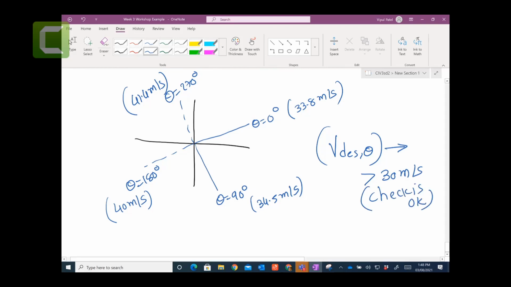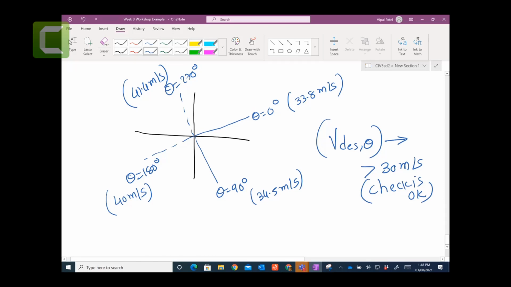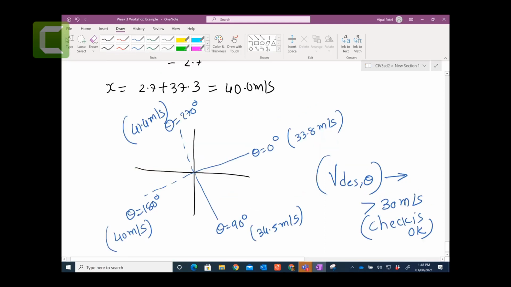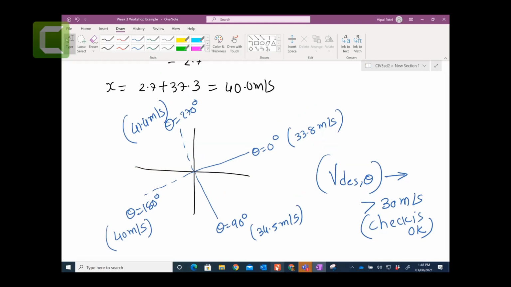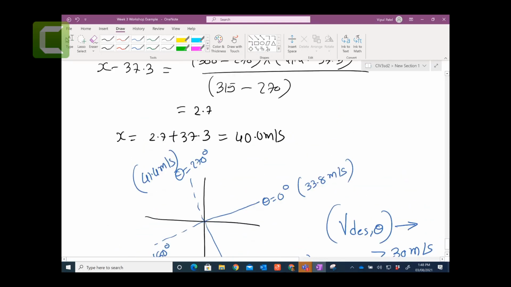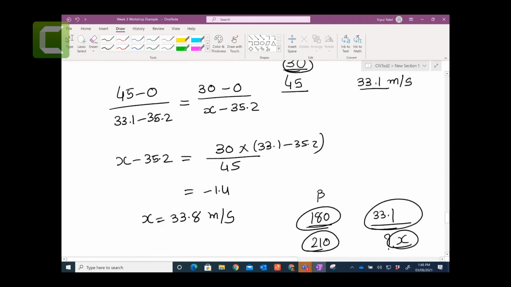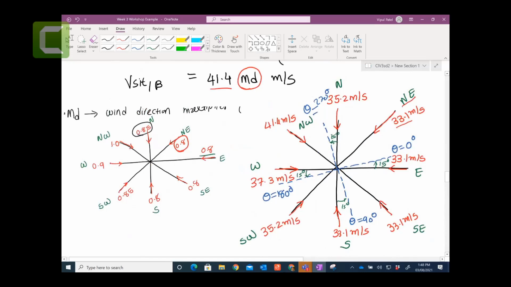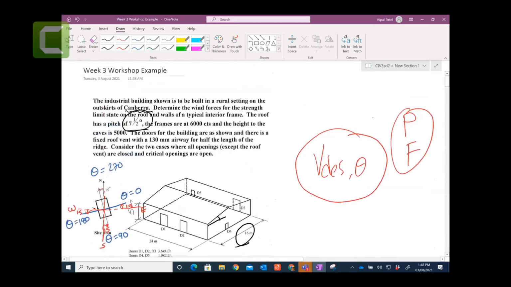All right, question time. So these are the speeds hitting. I can show you 33.8. This is the directions. You have speed coming on this wall 33.8.